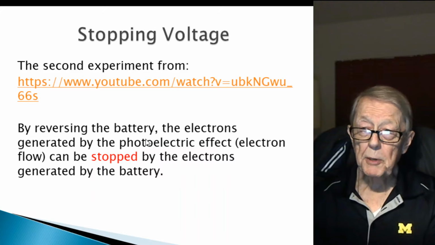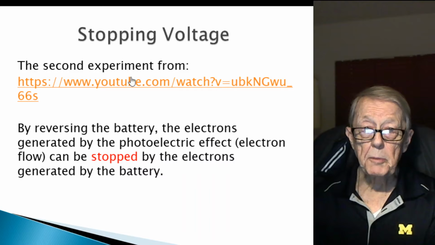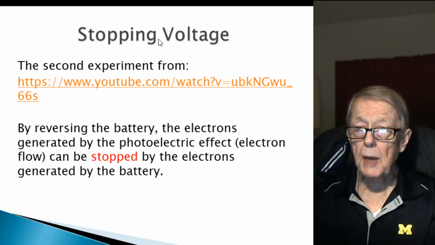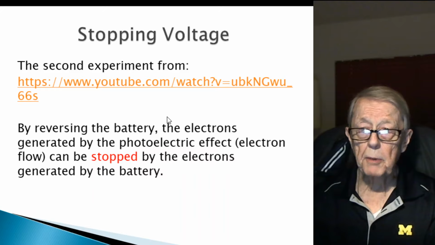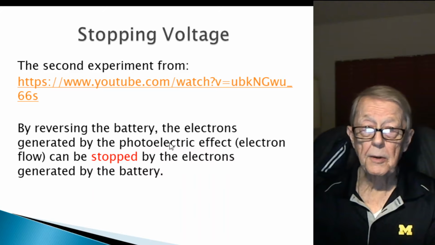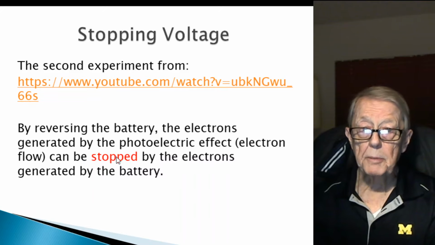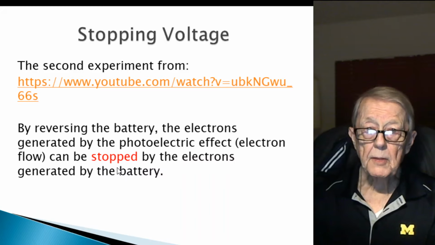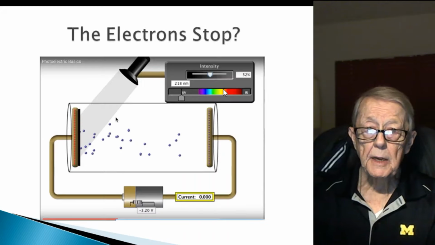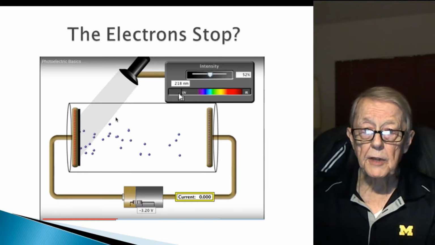The second experiment in this video talks about a stopping voltage. This is a general term used by people talking about the photoelectric effect in this particular experiment. What's done is, by reversing the battery, the electrons generated by the photoelectric effect have their flow affected, and they say the electrons can be stopped by the battery. So the light is shining. In this case, you have a high frequency again to guarantee that you've got a flow.